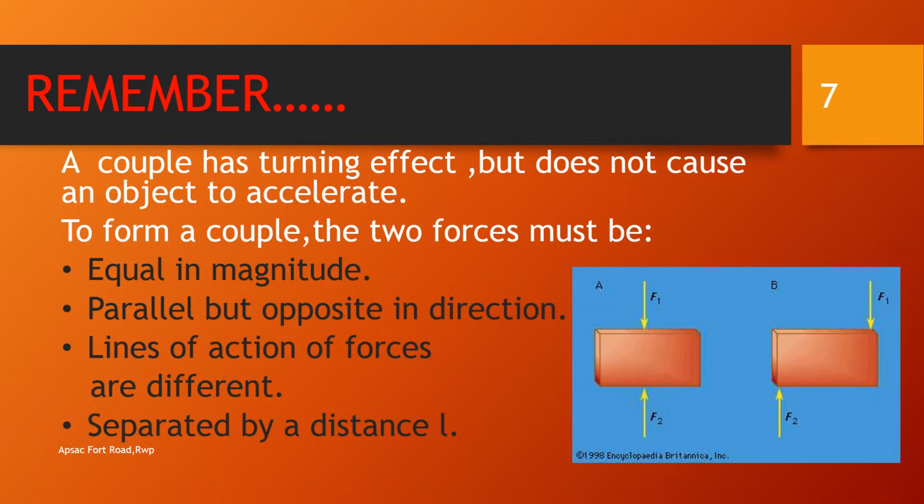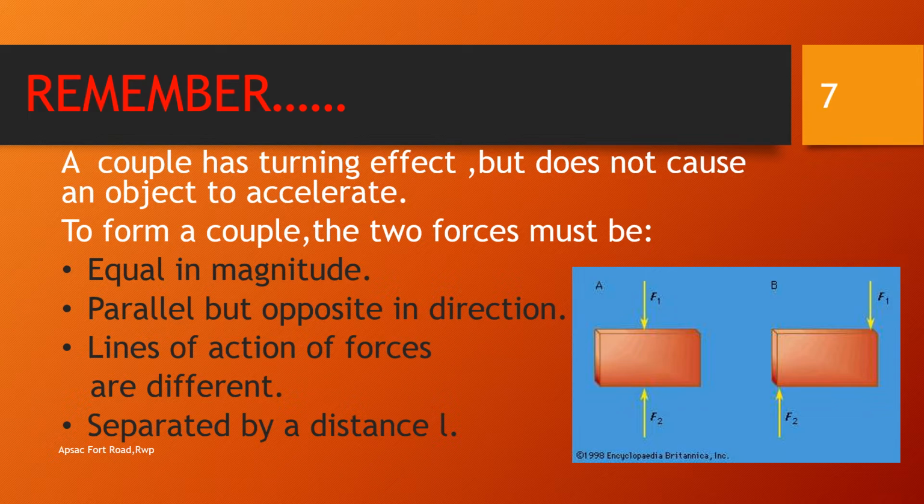Now suppose your friend applies the same force, equal in magnitude to yours but in the direction opposite to your applied direction. Now what happens? Look at this figure closely where at point A a force F1 is acting and on the opposite side of this table another force F2 is acting.